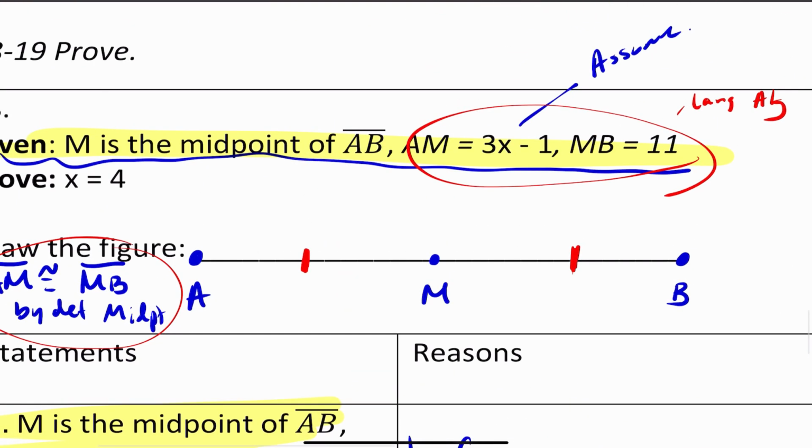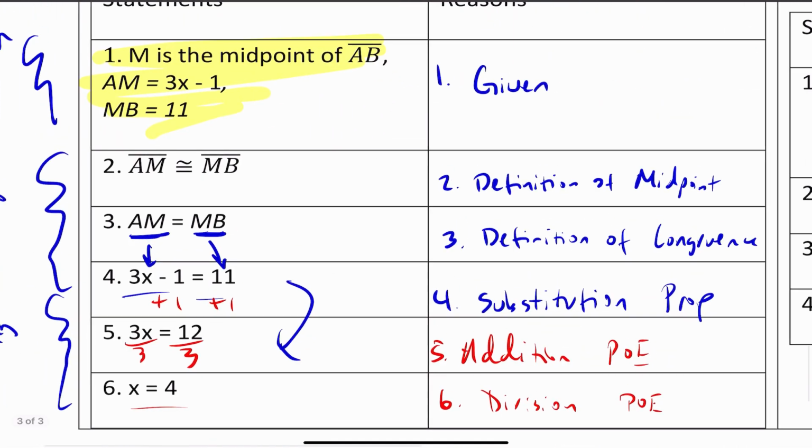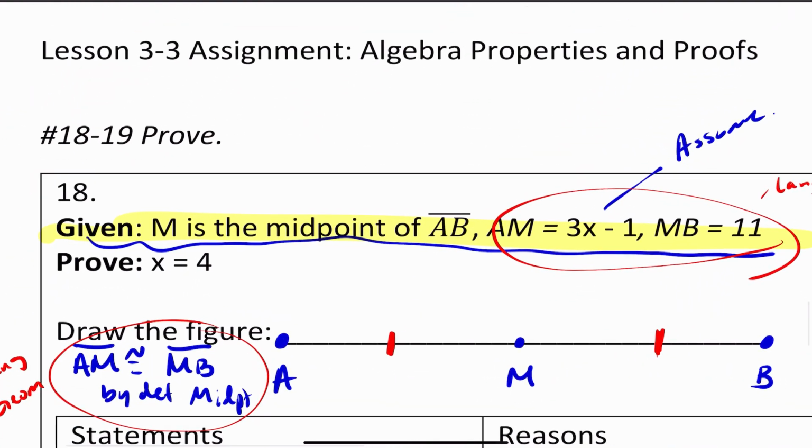So I look at my given, and I'm not going to look at this at all, okay? I look at my given, I draw my picture, I use the definitions or properties or theorems that I see from the result of that given. See how M is the midpoint? Okay, what does the midpoint mean? Well, it splits the segment into 2 congruent parts. What's the result of that?